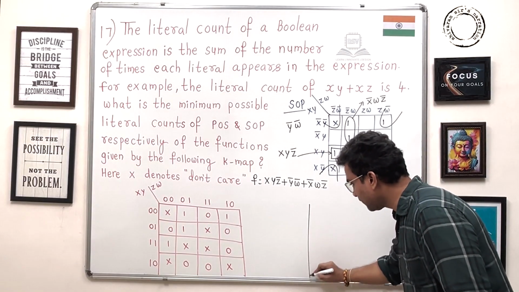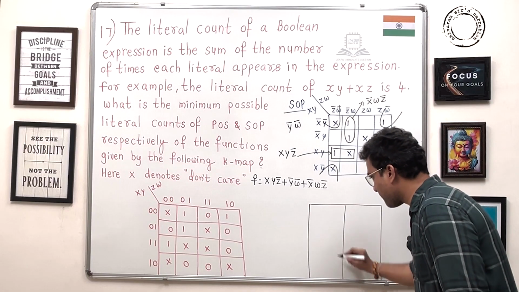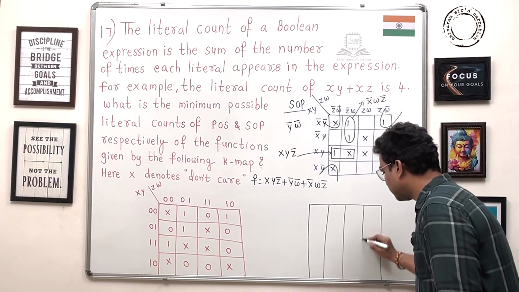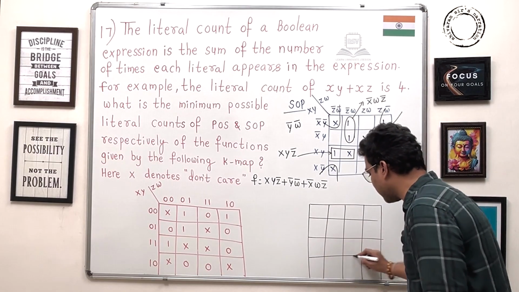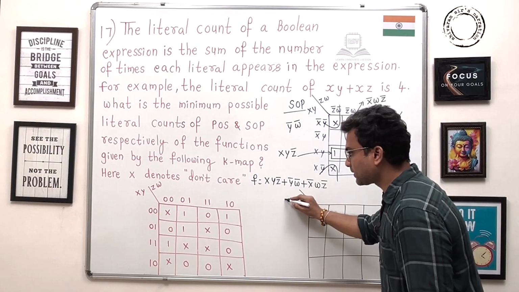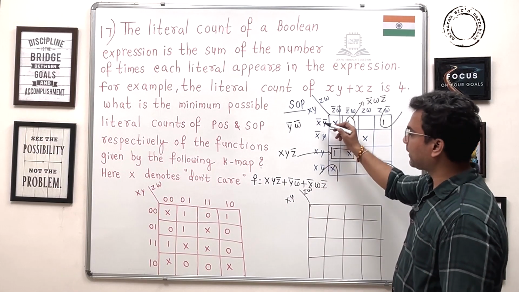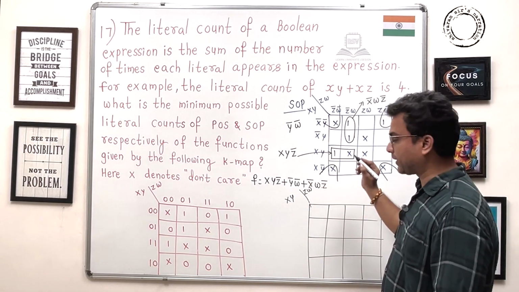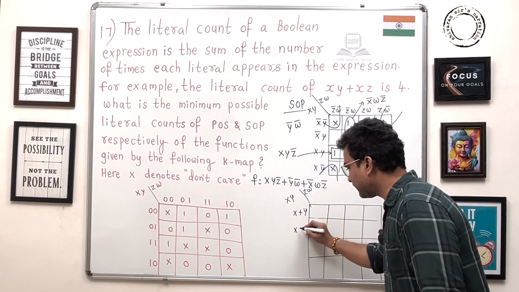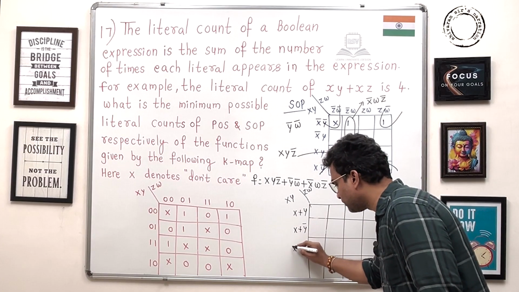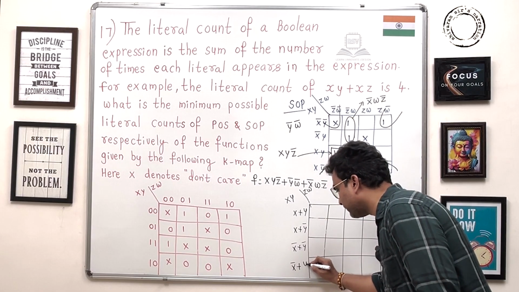Now here it is a 4 variable K-map. Then here the representation is like this, xy zw. Here what you get? X bar y bar whole bar you get. Then it is x plus y. Likewise x plus y bar, x bar plus y bar, x bar plus y.